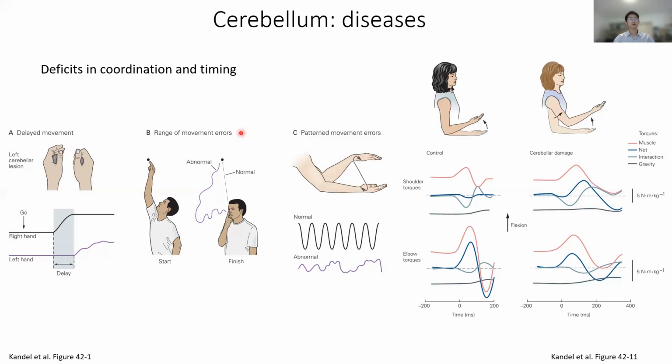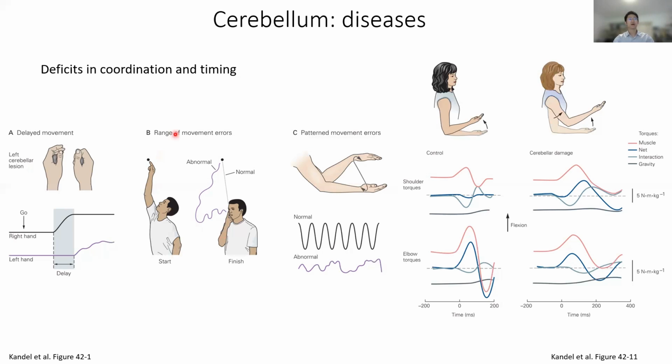And also about coordination. This is a typical clinical examination when they check the patients, the so-called finger to nose test. You ask the patient to move their finger to the nose. Normally, healthy subjects have no problem. You just make a straight line to your nose.